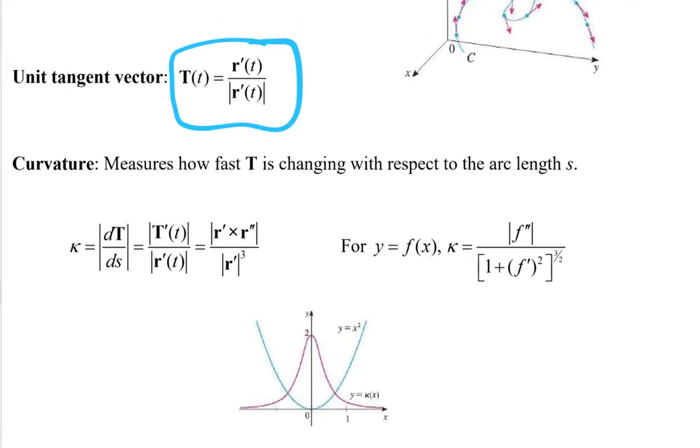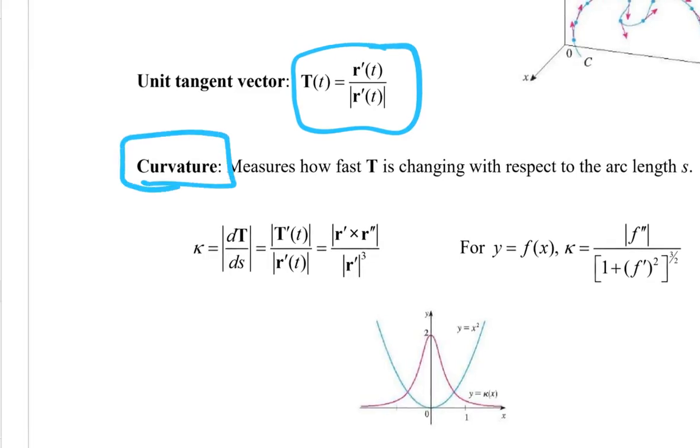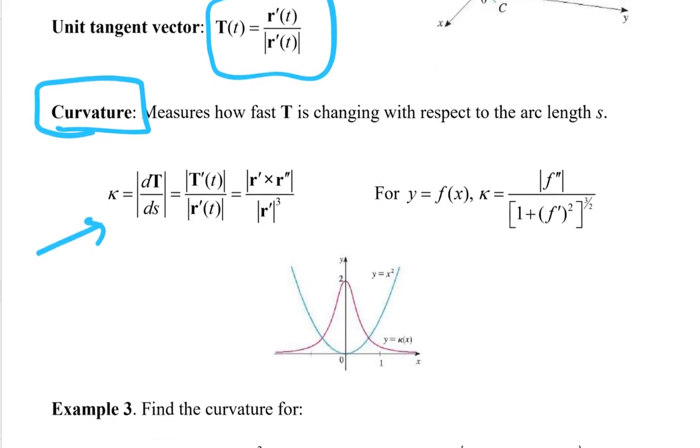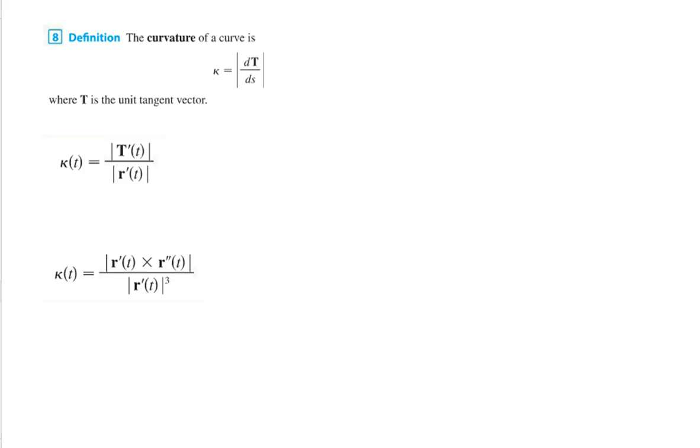Okay, and then the curvature. The curvature is going to measure how fast the curve is changing with respect to arc length. What I've done here is I've moved some of those formulas around.